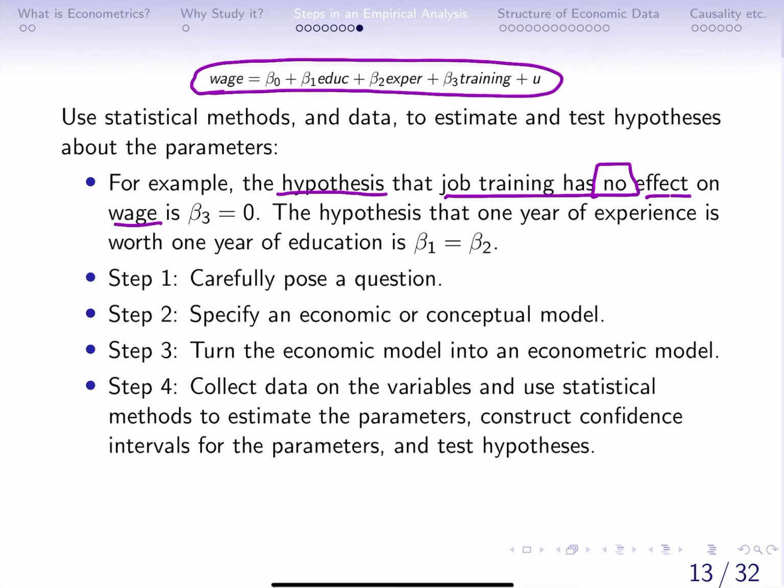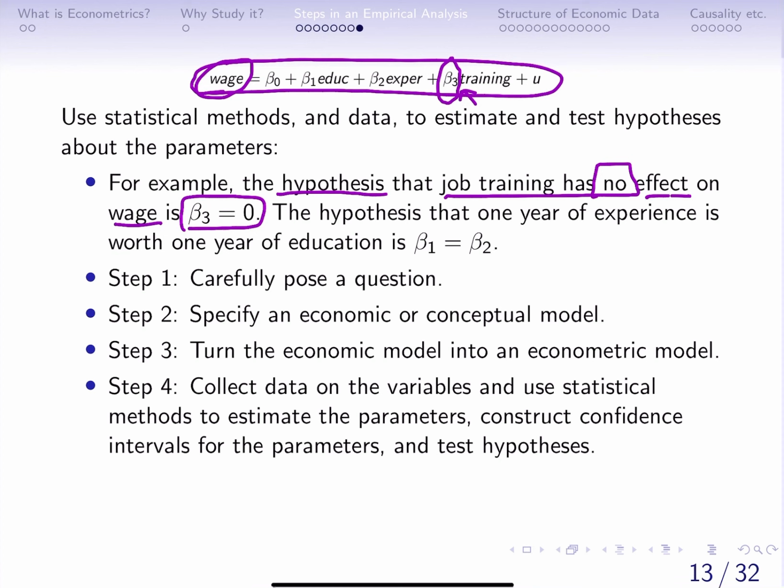If we are trying to test that hypothesis, then we are basically saying that beta 3, this guy right here, is equal to 0. That would mean that basically training has no effect on productivity, which is being captured by wages.